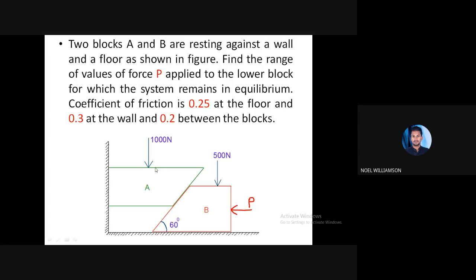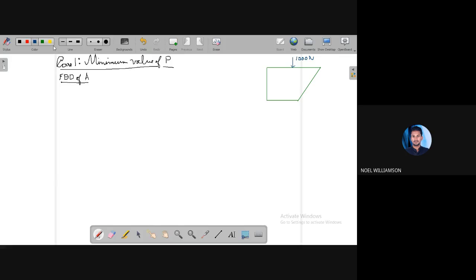In the case of minimum value, B is moving against the direction of P, and A is moving downwards. A is moving downwards and B is moving towards the right side. So while A is moving downwards, the friction will be in the opposite direction, in this direction.